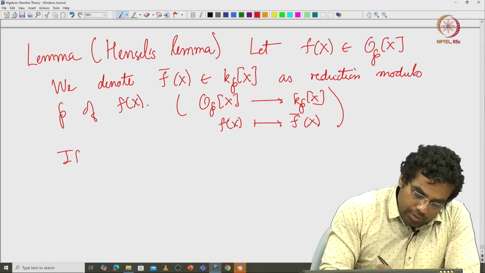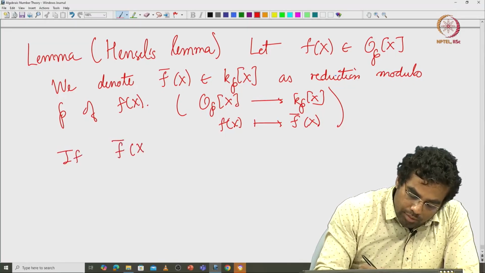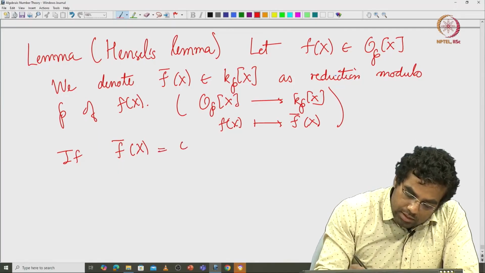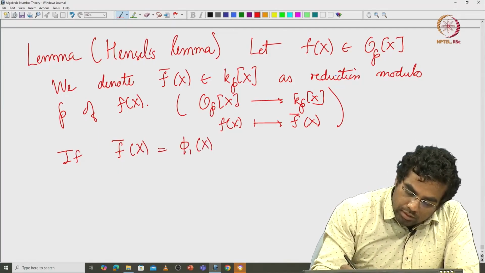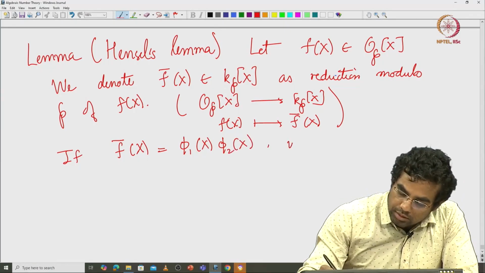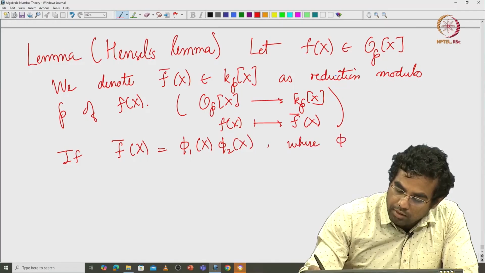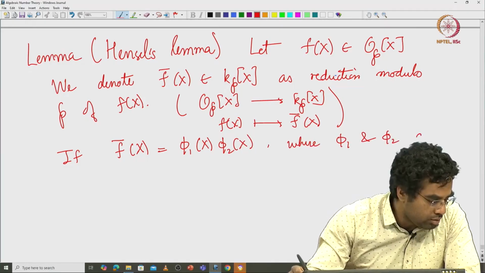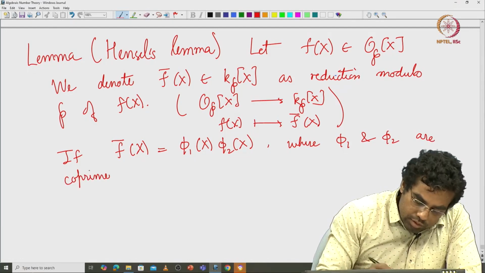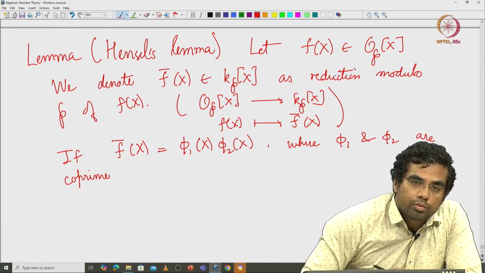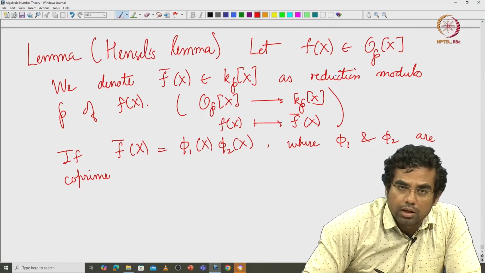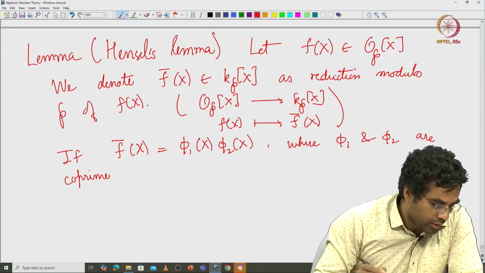Now, if this reduced polynomial, this polynomial mod p, factorizes as a product of two polynomials phi 1 and phi 2 where phi 1 and phi 2 are co-prime, so you can define what two polynomials being co-prime means in k_p of x. Okay.